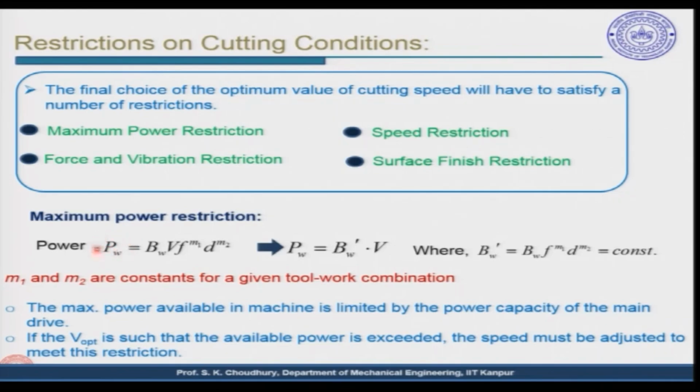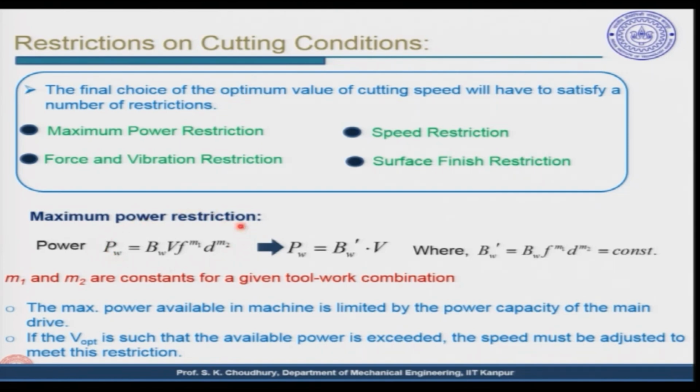This power is the one required to fabricate that part, and we cannot have the power consumed by the fabrication exceeding the power given in the motor or the machine. So, this is the machine power.